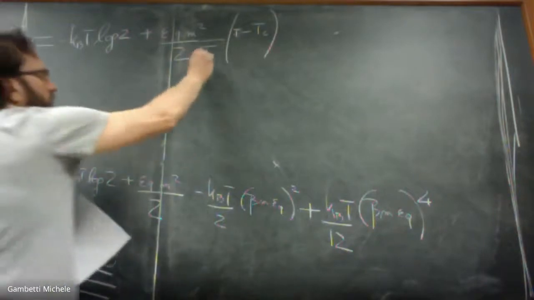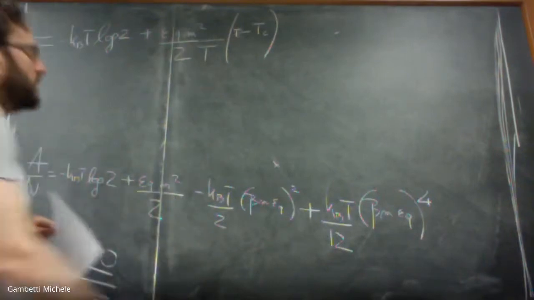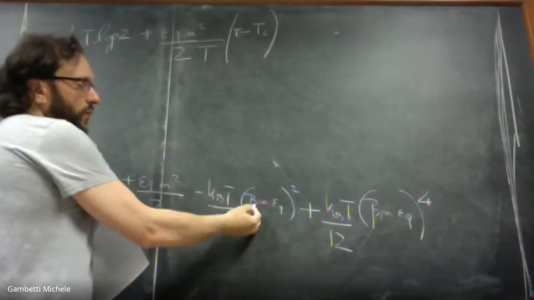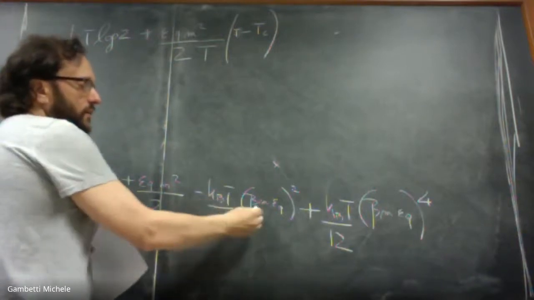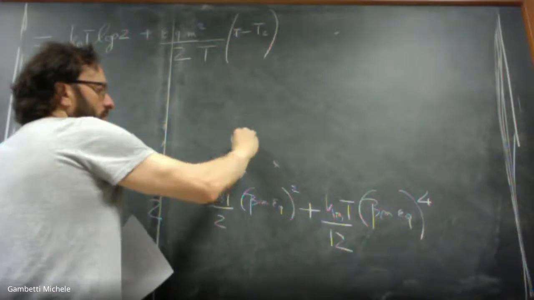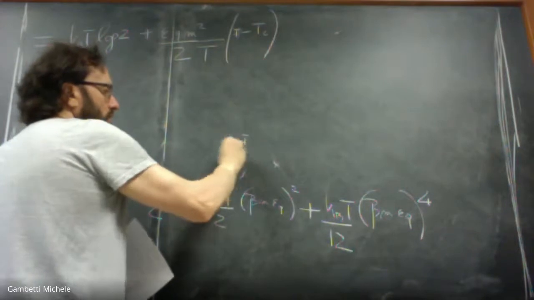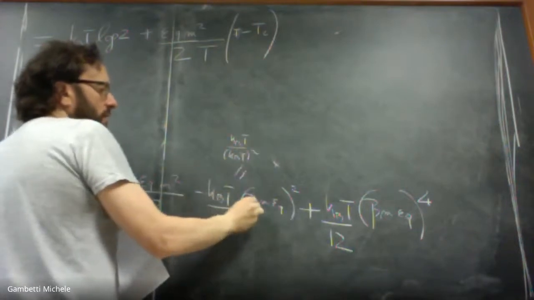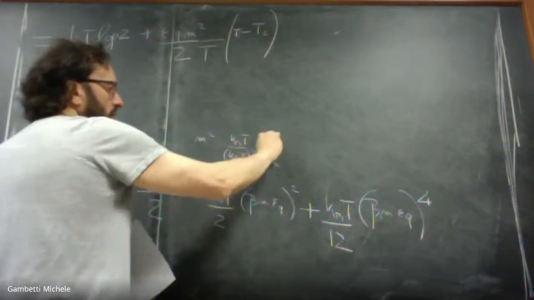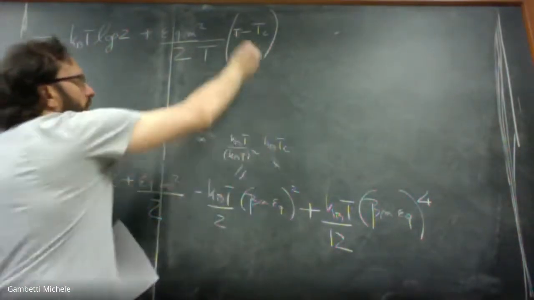Okay, so of course, if I put this here, I have this term here, and then the second comes from the fact that T_c divided by T comes from having a beta squared here and a k_B T here. So if this is k_B T, then I have a beta squared, which is 1 over k_B T squared, and then I have an m squared and epsilon q, which is actually k_B T_c. Okay, so that's why at the end we have this T_c there.